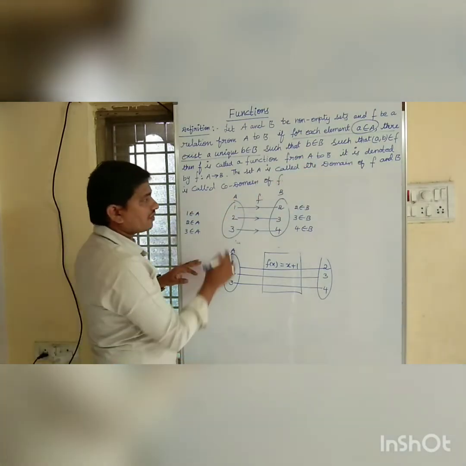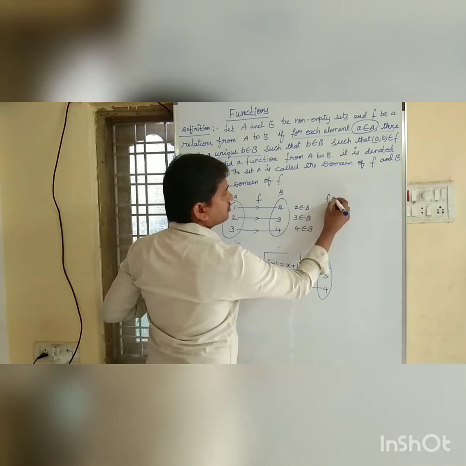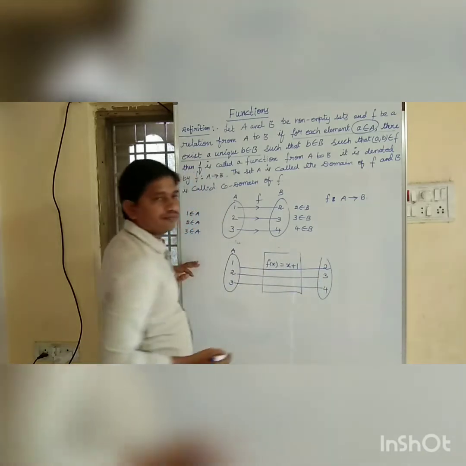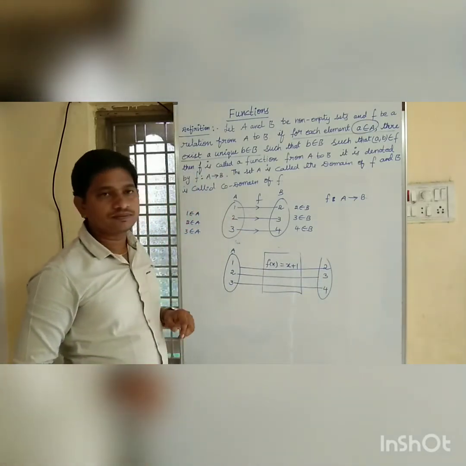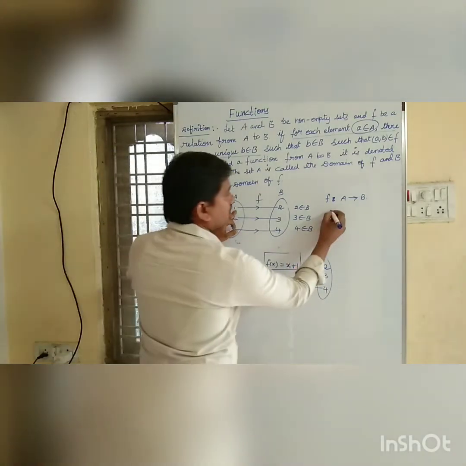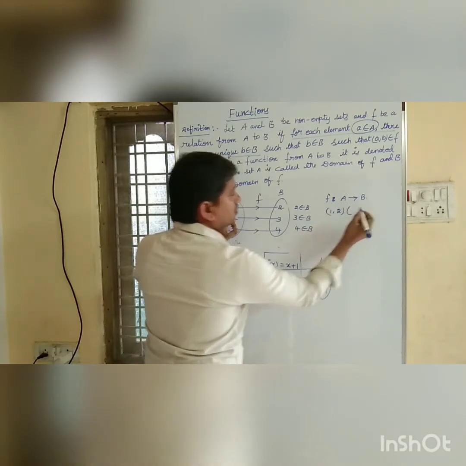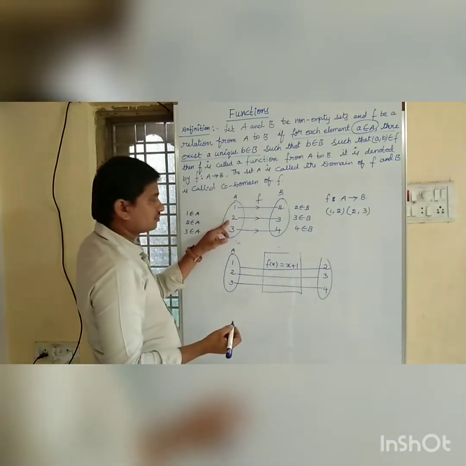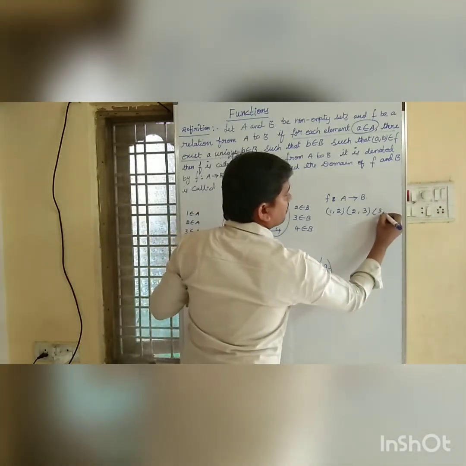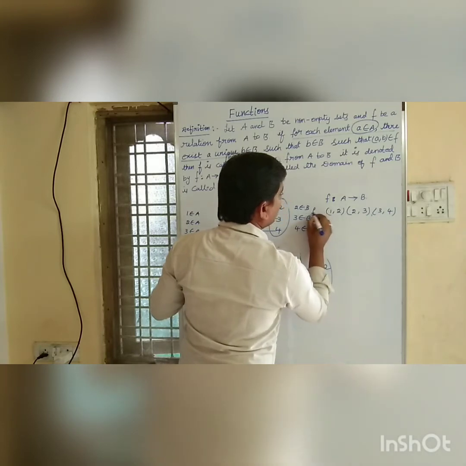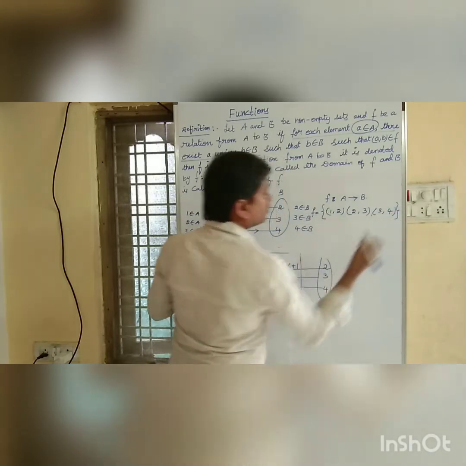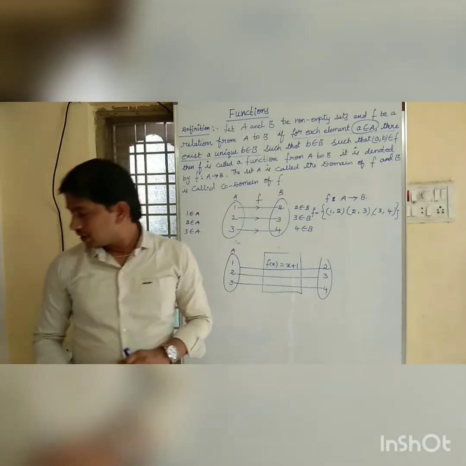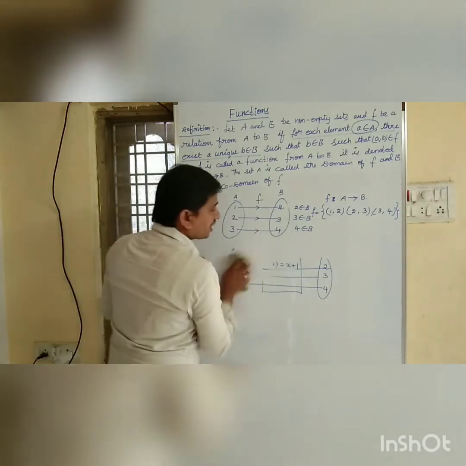See, here what is the function? f is a relation from A to B; f maps A to B. I mean, element 1 is mapping with 2, element 2 is mapping with 3, and element 3 is mapping with 4. So this is called a function f equal to {(1,2), (2,3), (3,4)}.